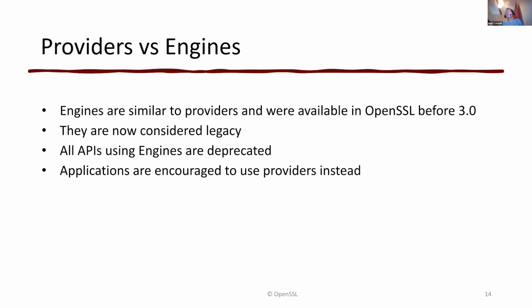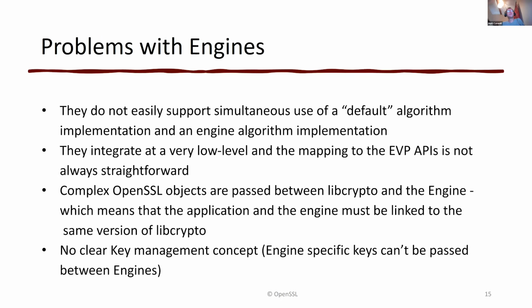You may be familiar with the engine interface, which was available in older versions of OpenSSL. It's still available today, but it is now deprecated, and so engines are considered legacy. They're similar to providers, but we encourage use of providers instead of engines these days.